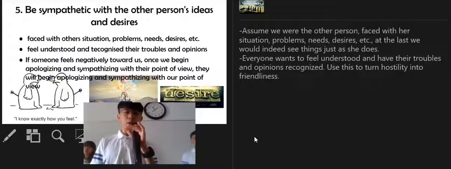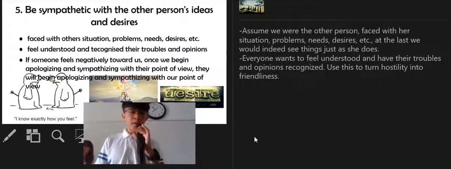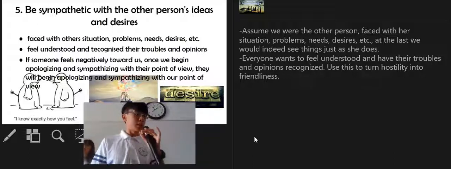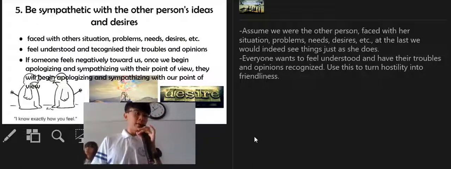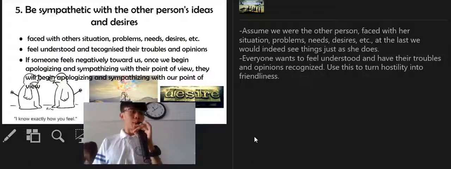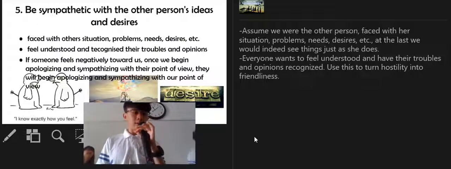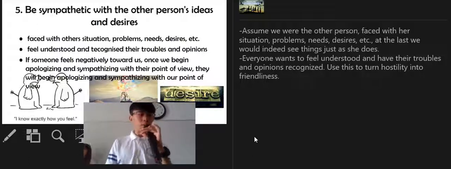Use this to turn hostility into friendliness. If someone feels negatively toward us and we begin apologizing and sympathizing with their point of view, they will begin apologizing and sympathizing with our point of view.